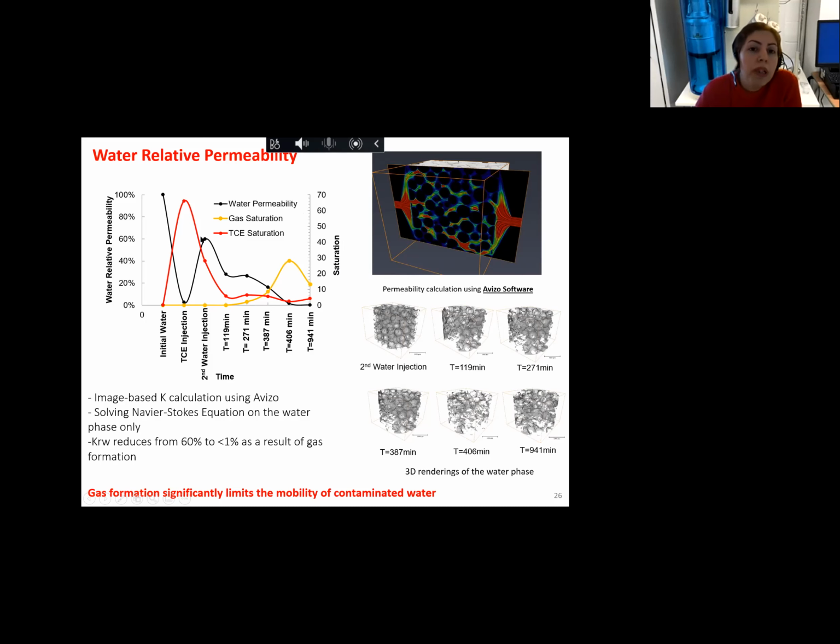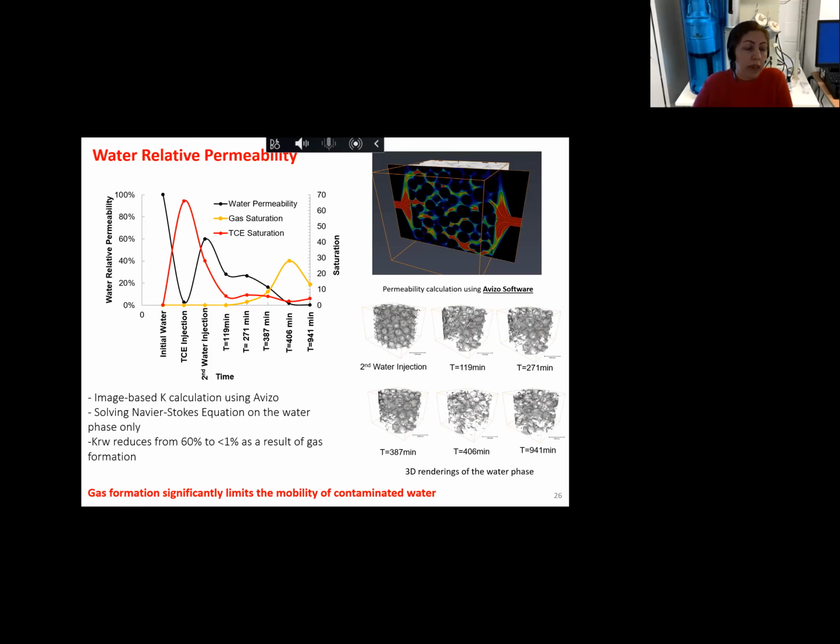What we observed was that obviously water permeability dropped as the first nanoparticle injection happened, but more significantly, it dropped from 60% to less than 1% as the gas came in, as the amount of gas that was being formed as a result of this reaction was mobile.